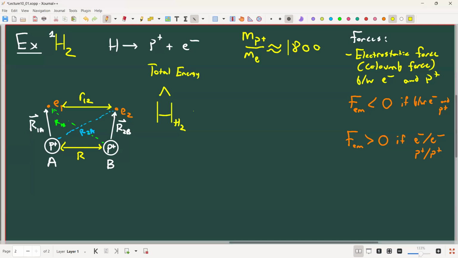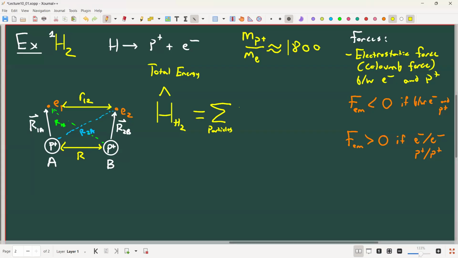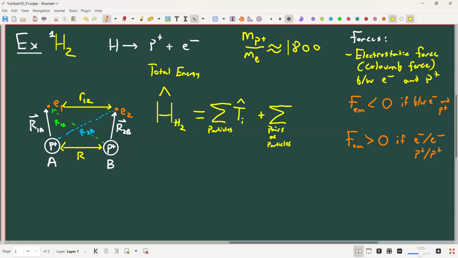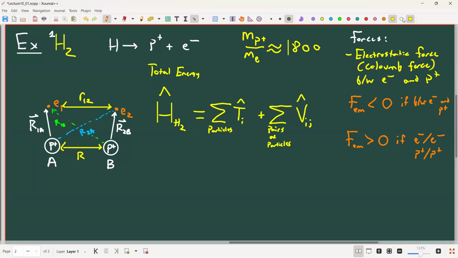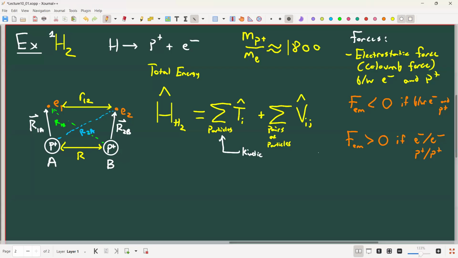It's going to be the sum over all the particles of their kinetic energies, T sub i. And then we're going to sum over all the pairs of particles, their interactions, their forces, because those are defined between pairs. So we define the potential energies between two of the different particles. So these are the kinetic energies, and these are the potentials.